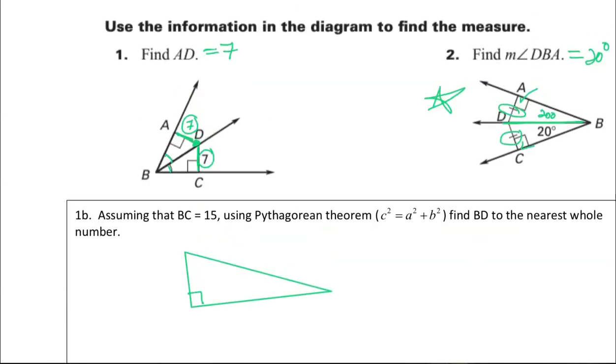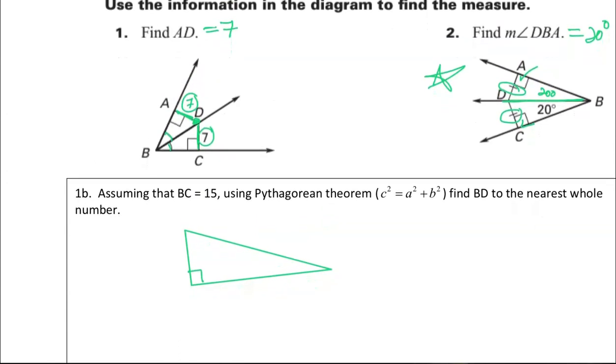I know that I can label this, right? So this is D, this is C, and this is B. Assuming that BC is 15, use Pythagorean theorem to find BD to the nearest.